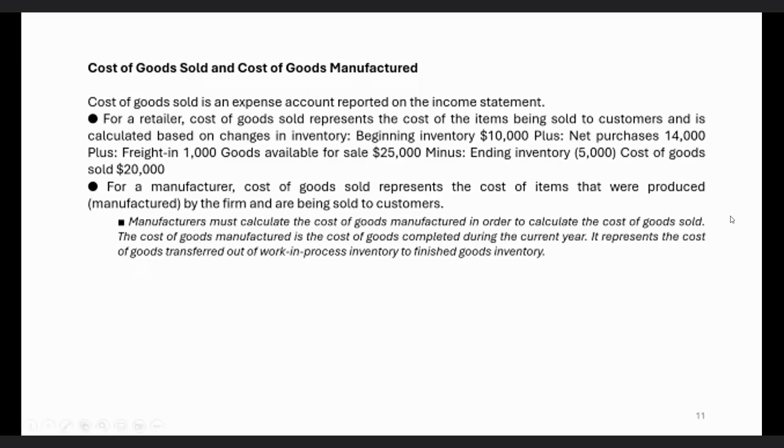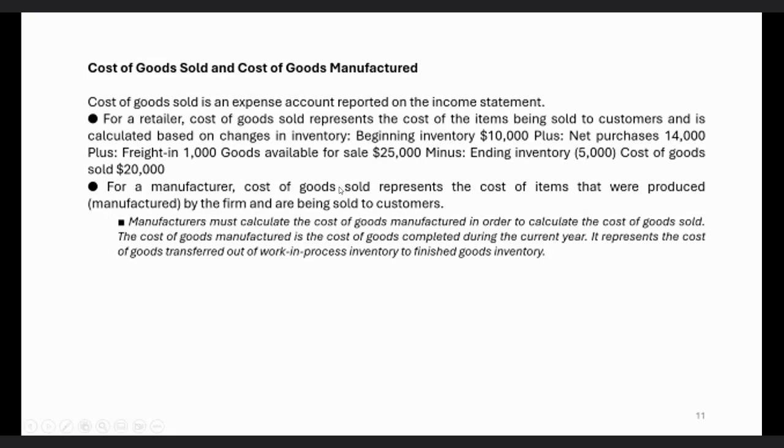Beginning inventory, $10,000, plus net purchases, $14,000, plus freight in, $1,000, gives goods available for sale, $24,000, and minus ending inventory, $5,000. Then we get the cost of goods sold, $20,000.